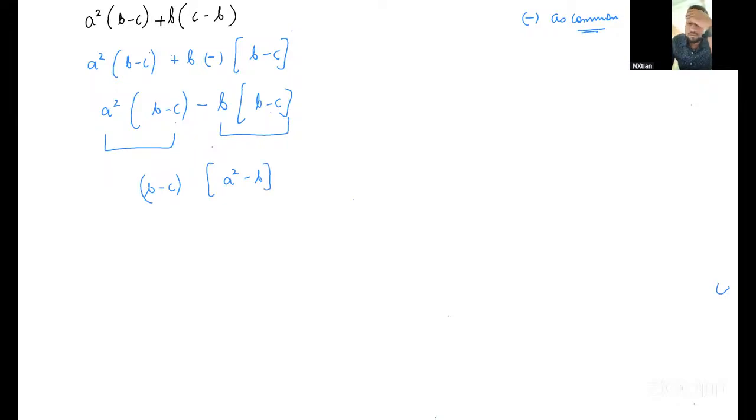Understood, Jashram? Simeon? Yes, sir. I was wondering if we can take three factors: b minus c, c minus b, and a square plus b. Will that be correct?